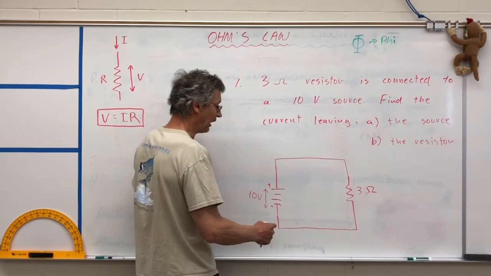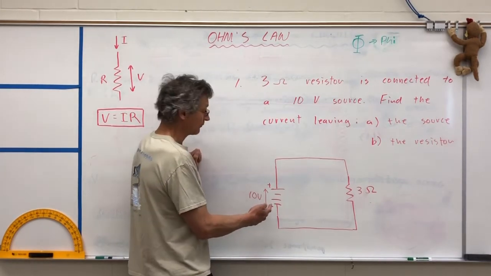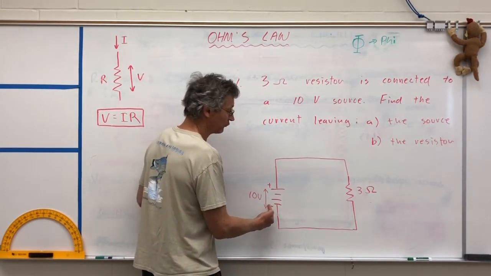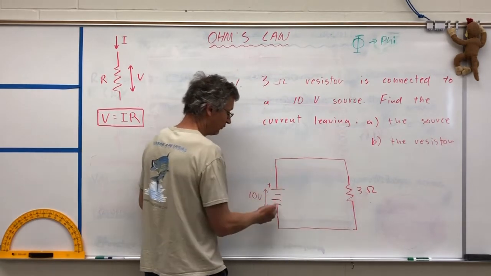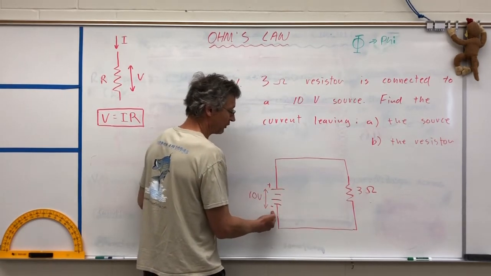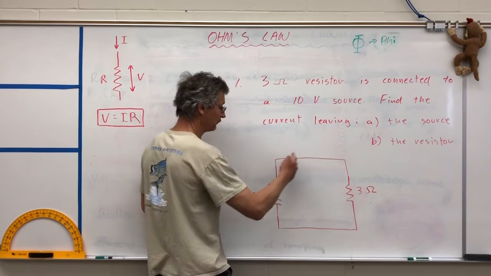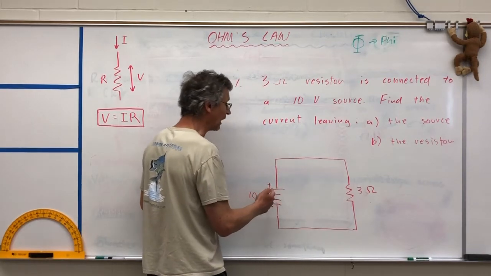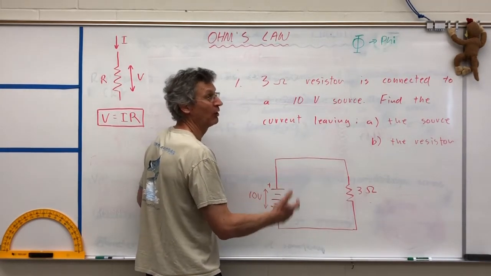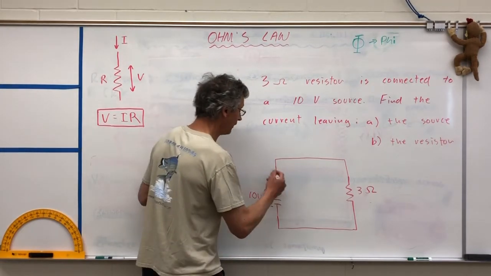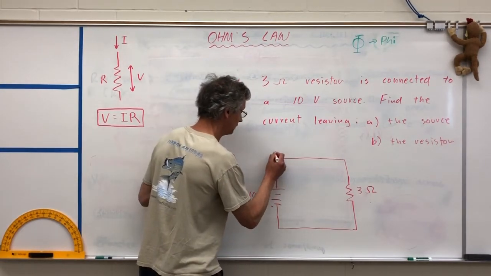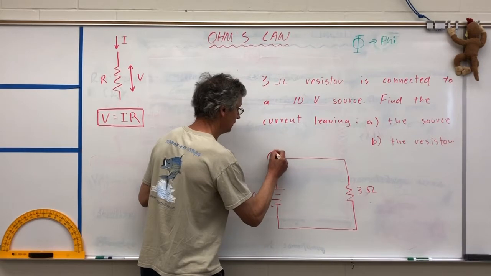So remember, electrons, the way they would move around the circuit would be like this, right? Repelled by the negative terminal of the source, attracted to the positive terminal. The direction of the current, though, if positives could move, they would go like so.